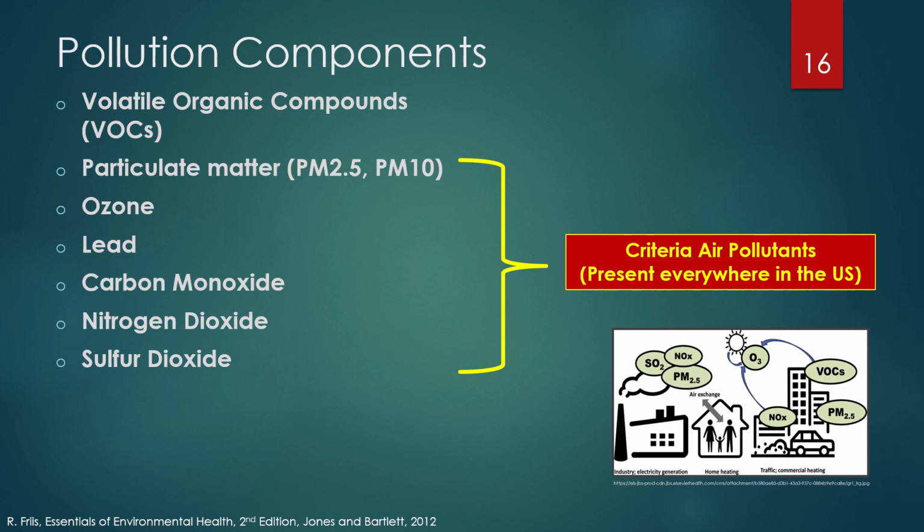The last 6 pollutants, particulate matter, ozone, lead, carbon monoxide, nitrogen dioxide, and sulfur dioxide, are defined by the EPA as criteria air pollutants, since they are present everywhere in the United States. Other scientists would add to these chemical toxicants both biologic and non-biologic, infectious agents, allergens, and chemical irritants. During this session, we will focus on the EPA's criteria air pollutants and VOCs.